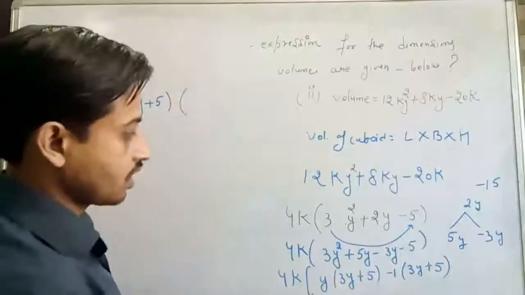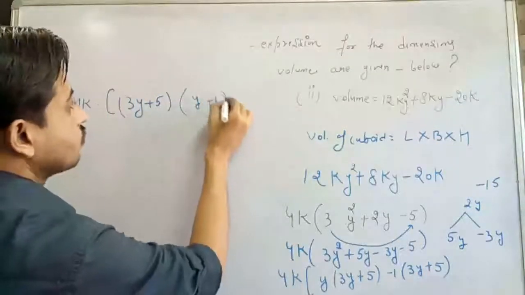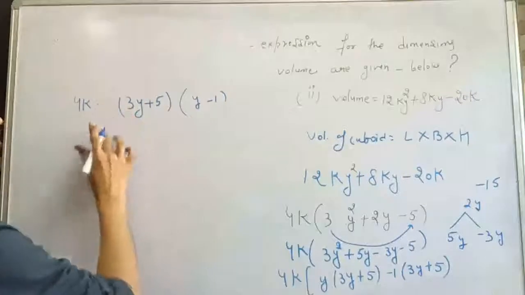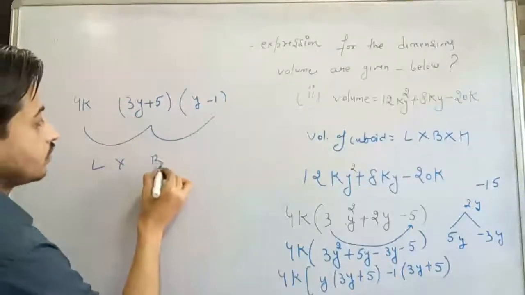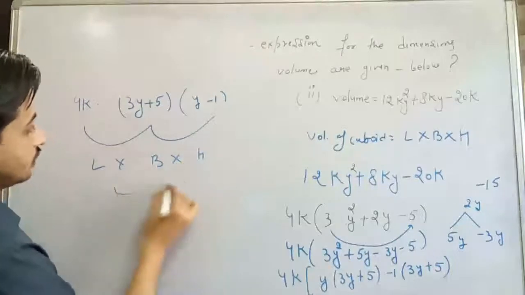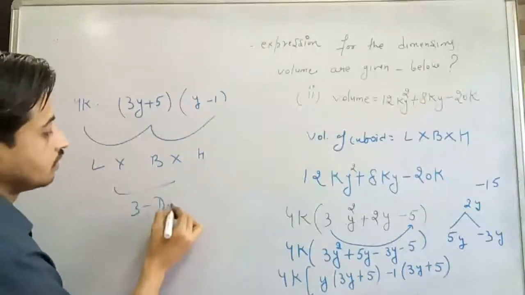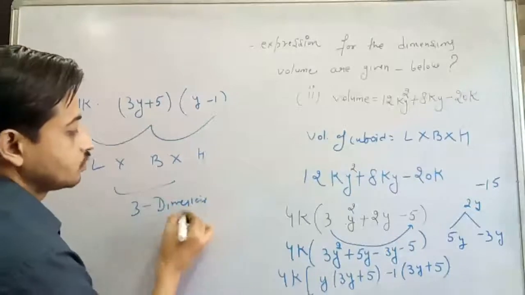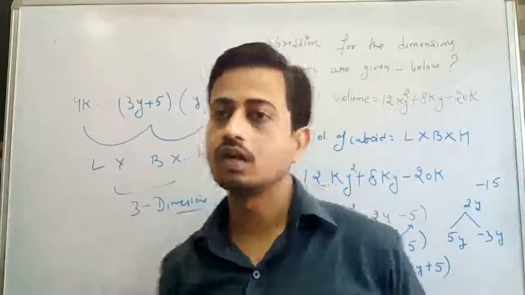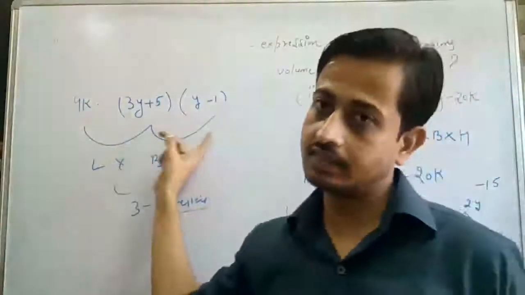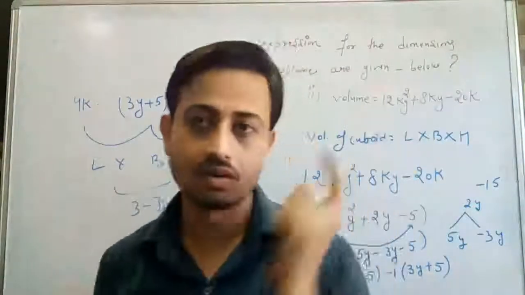So we get y minus 1. So we get 3 factors, L into B into H. These 3 become the dimensions L, B and H. So our answer is this. So please make a note.